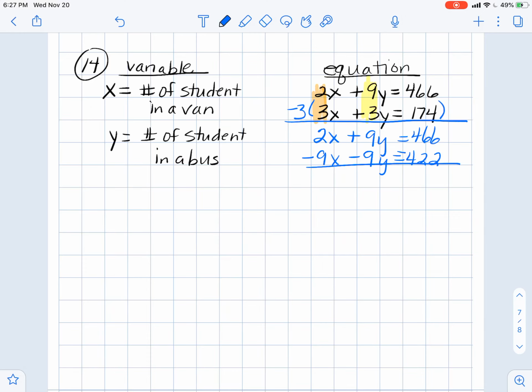Okay, so now when I add down, I get a negative 7x. My y's are going to eliminate, and it looks like this is 44. And I might need to make sure I multiply correctly because that doesn't look like it's going to come out. So I'm going to check my multiplication real quick.